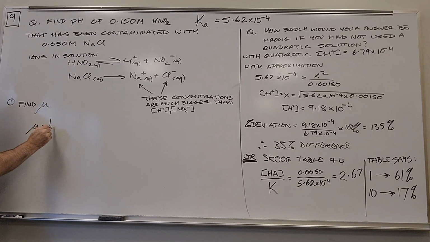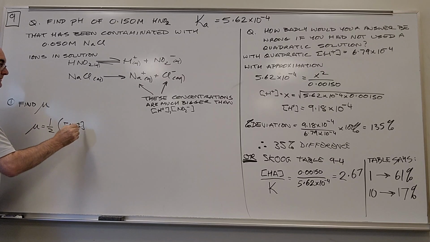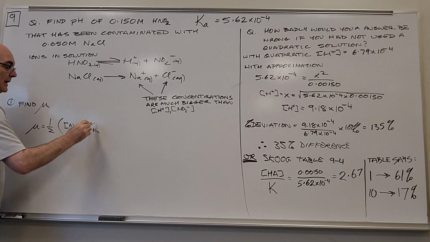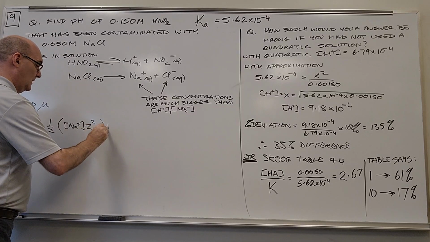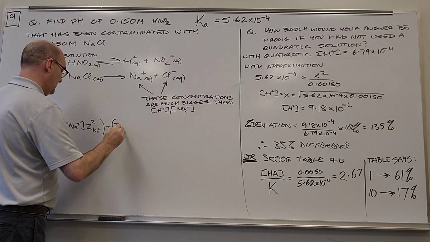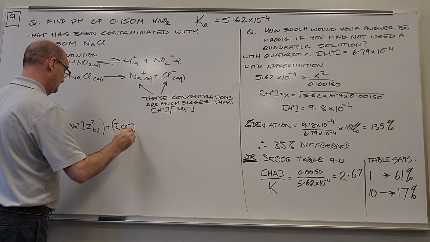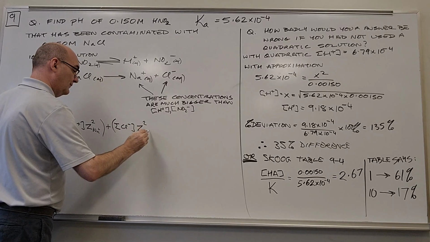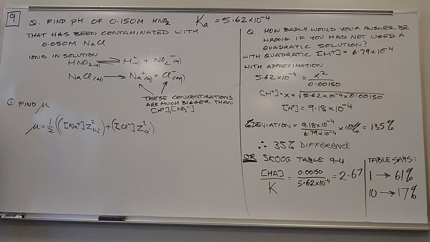Mu is 1/2 of the concentration of the Na plus, the charge of the Na plus squared, plus the concentration of the chloride multiplied by the charge of the chloride squared. This is one of those one-to-one solves.